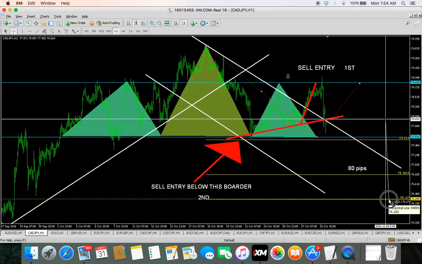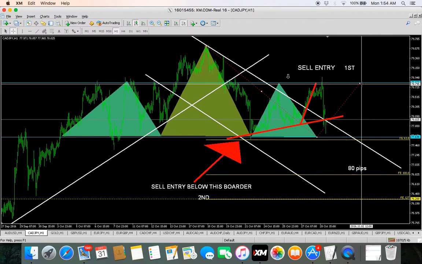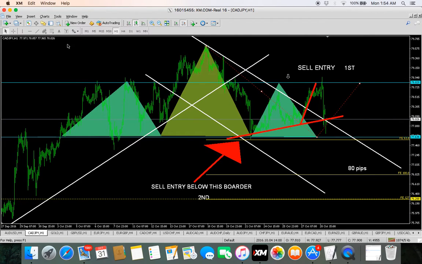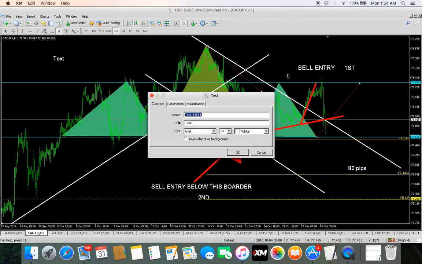So now let me just check it from that point to this point. So 250 pips, guys, with a lot size of 0.3. So 250 pips multiplied by $3.